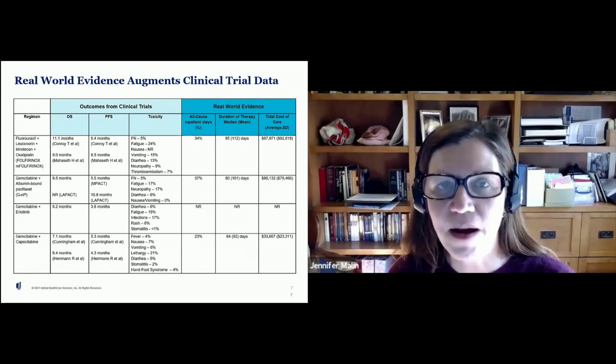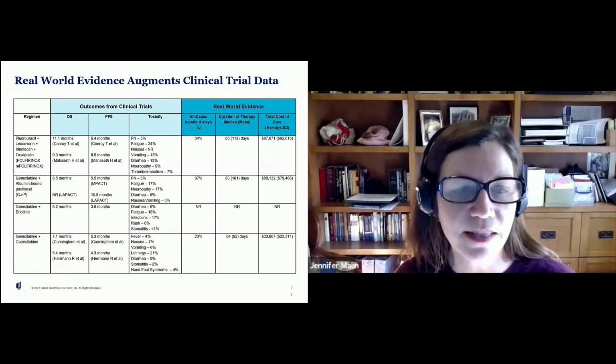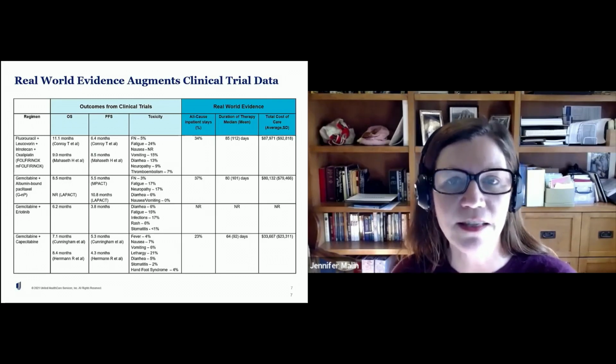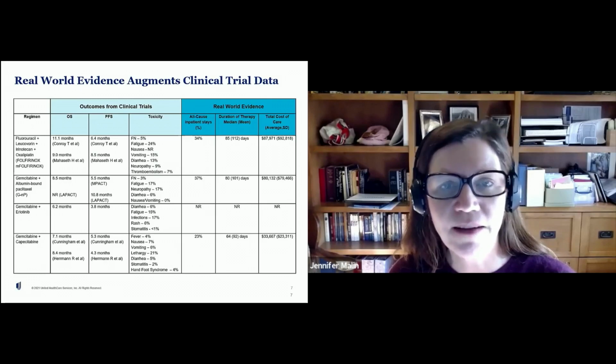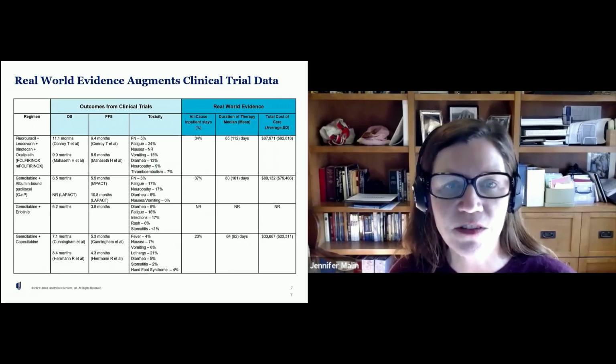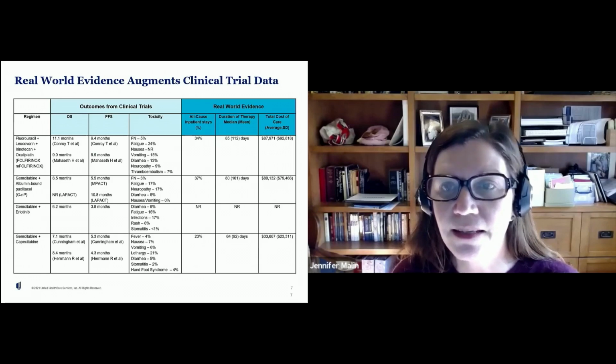On the left is abstracted data from clinical trials, and I think these are pancreatic cancer regimens. You can see for FOLFIRINOX, overall survival of 11 months and progression-free survival of 6.4 months, reported in the trial by Conroy et al. The toxicity is reported by that clinical trial.